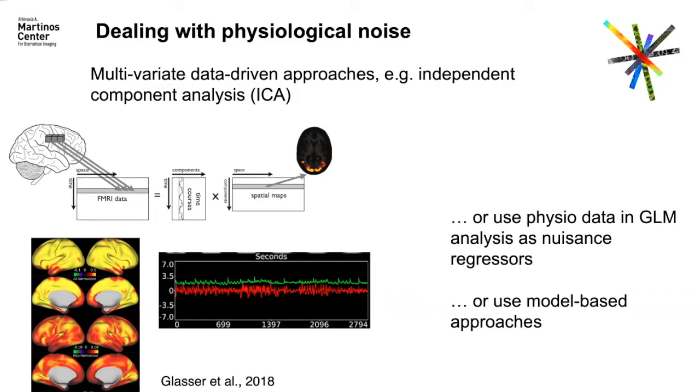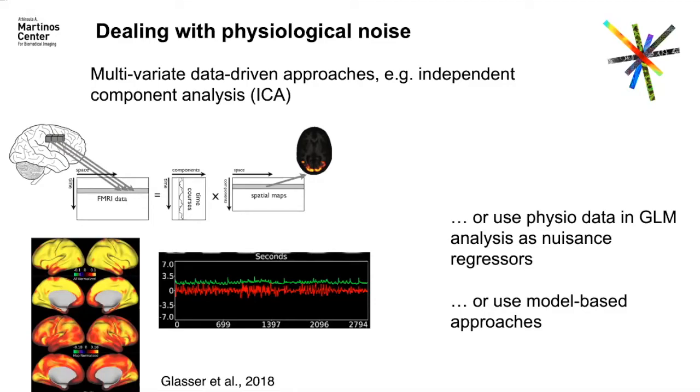For example, you can use multivariate data-driven approaches, such as independent component analysis, where you can extract the time courses and spatial maps related to those different components. And you can go through the components and see if they match or correlate with the physio signal.